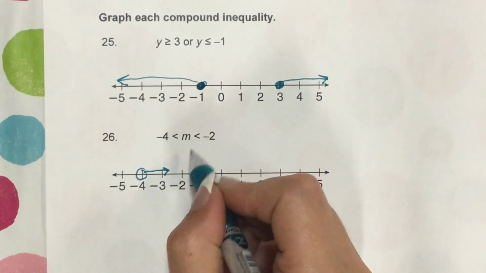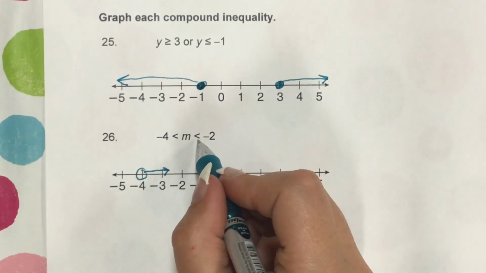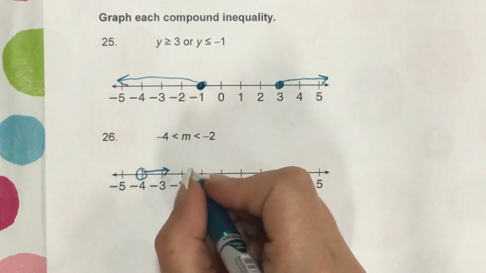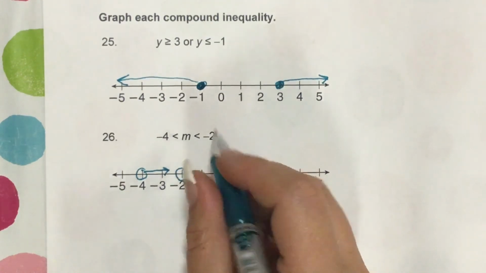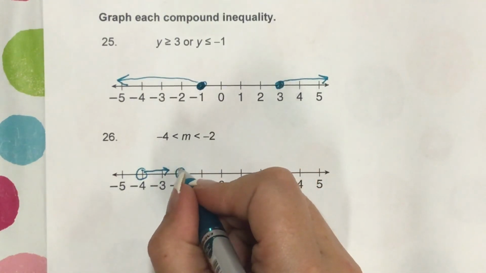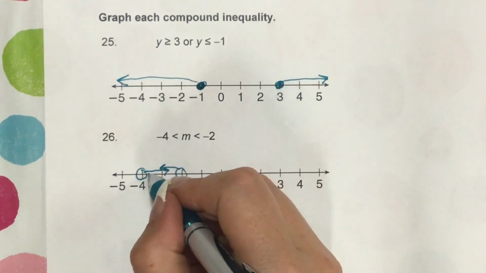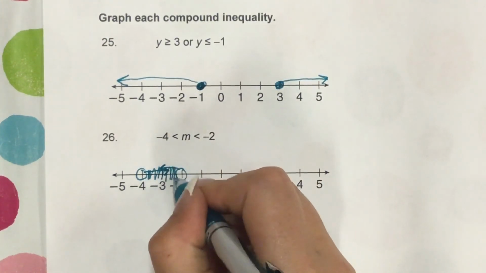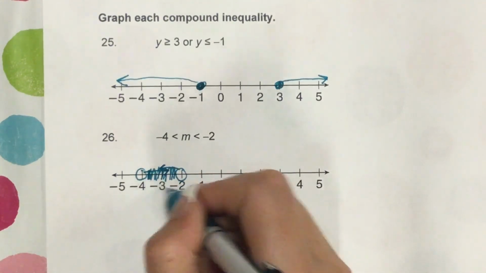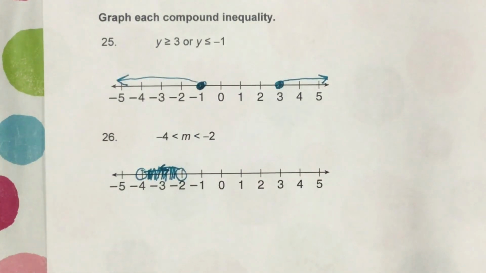Well, this is -2. It's less than -2, which means it doesn't include. It's not equal to, so it's going to be an open circle. And then m is less than -2, so everything less than -2 would be this way. So that means m would be all of the solutions in between, but not including -4 and -2. So if you got number 26 right, good job.